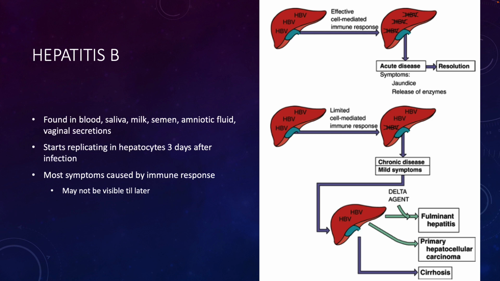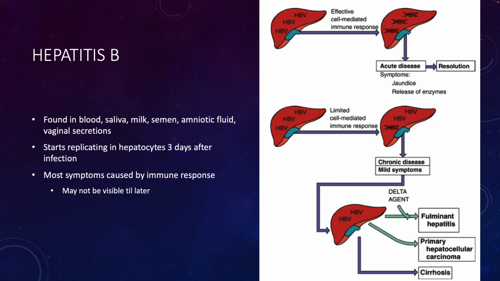And like we've talked about with a lot of different viruses, the majority of the symptoms that we see, or at least those major symptoms like the release of liver enzymes and the presence of jaundice, are actually symptoms that are caused by that really effective cell-mediated immune response that is able to target those infected liver cells.